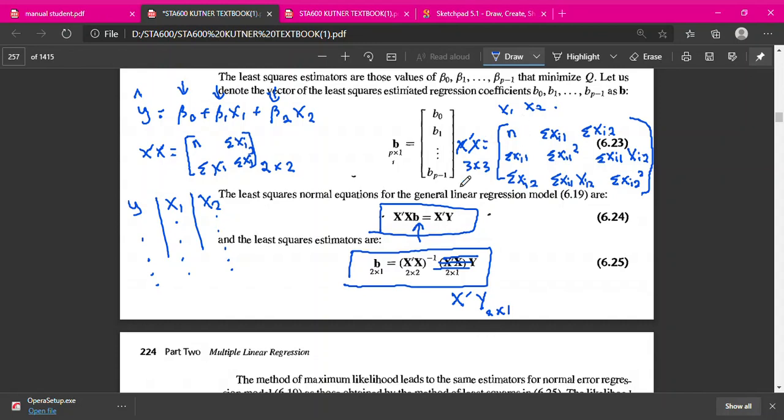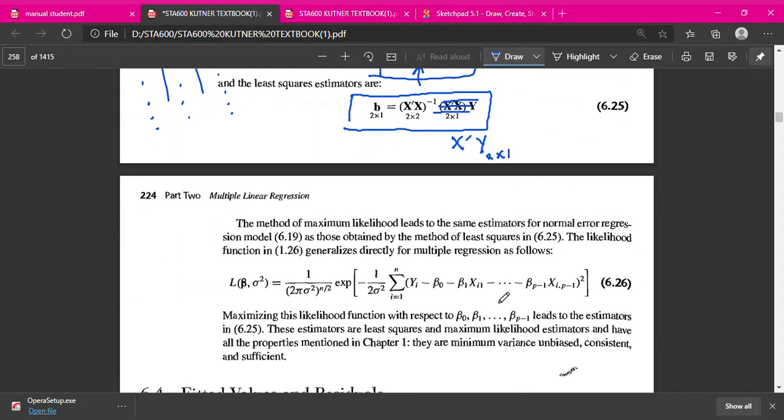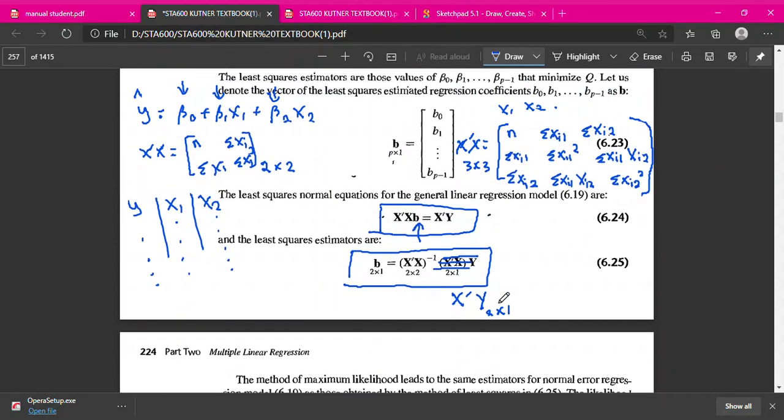Okay, so once we have this matrix, X transpose X, so kena inversekan dulu this matrix to put here, and then baru you multiply dengan X transpose Y matrix. So macam mana formula untuk X transpose Y matrix?